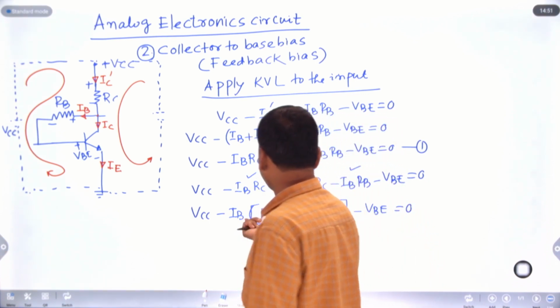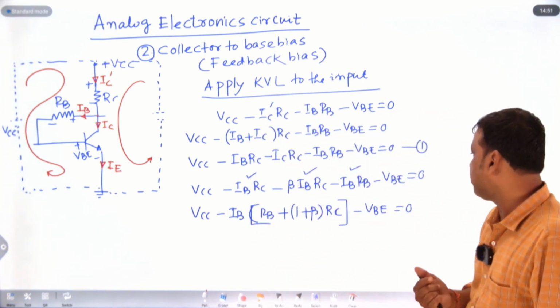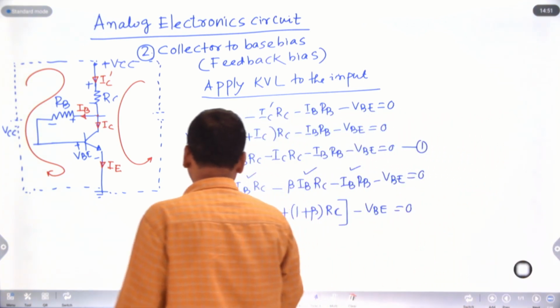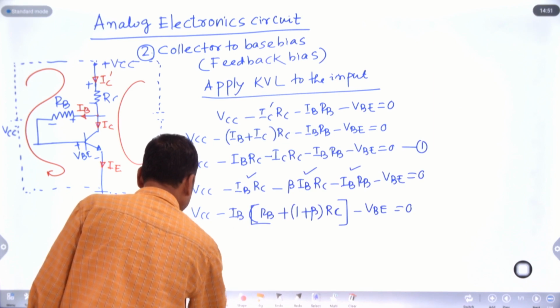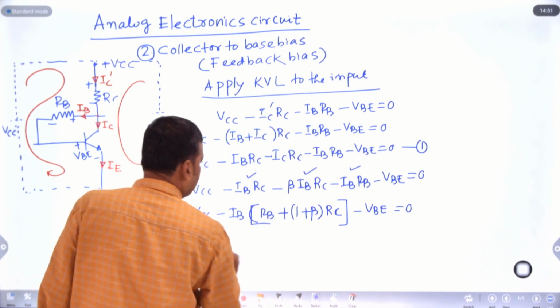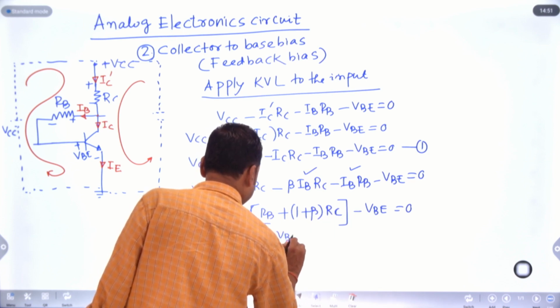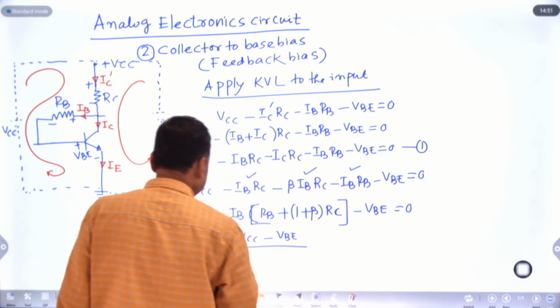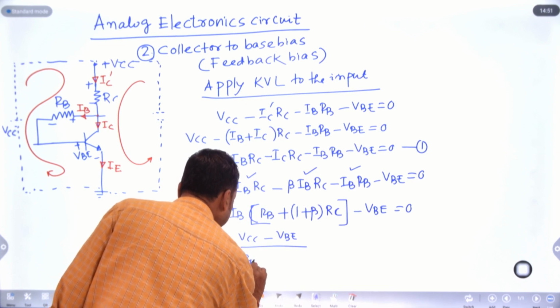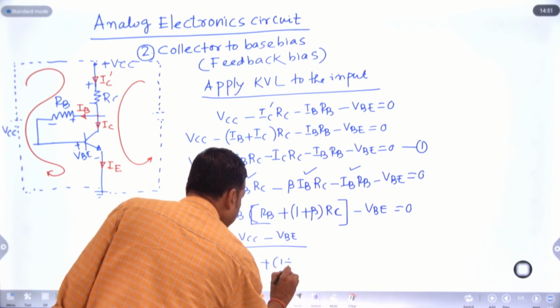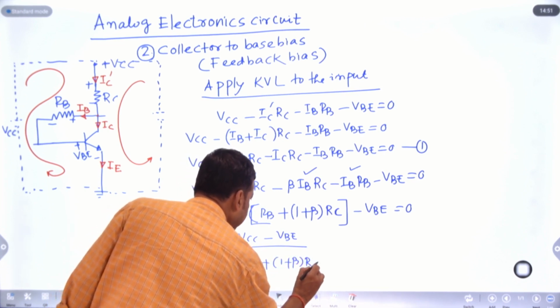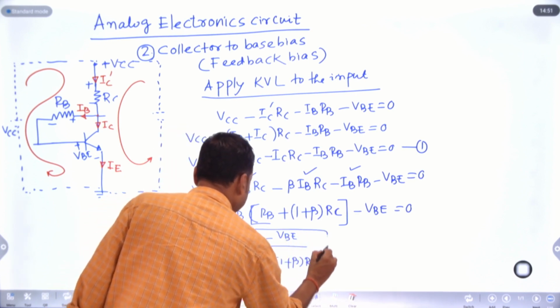Bringing this term to the right hand side, it becomes positive, and the value of IB equals VCC minus VBE divided by RB plus 1 plus beta whole into RC.